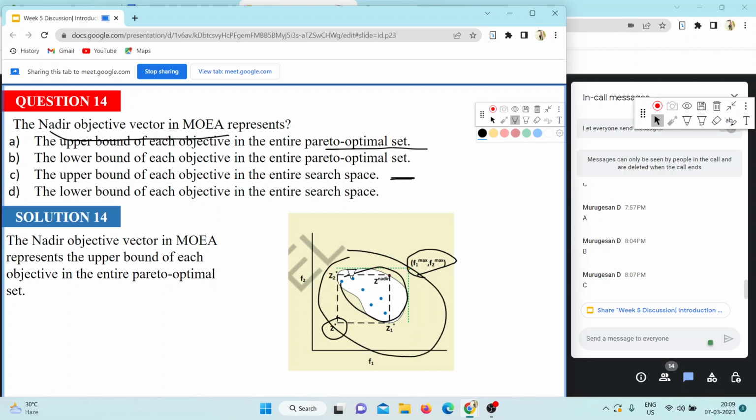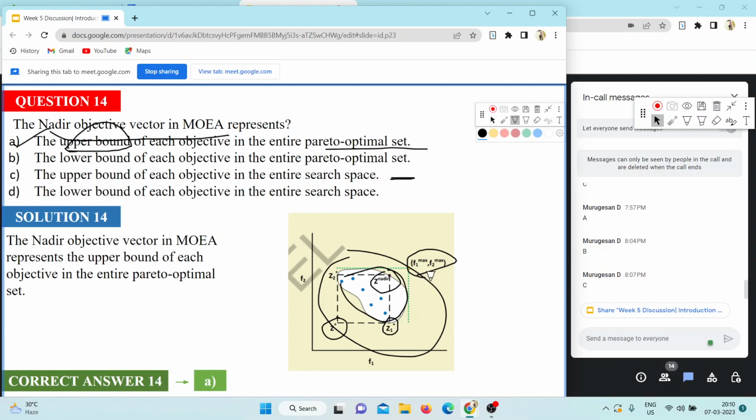It is concerned only about this white portion. Also, the Nadir objective vector talks about the upper bound of the objective vector. So how will we find the upper bound? Here you can see you can find the upper bound by a line parallel, the same line as the ideal vector line, but intersecting the Pareto optimal front. So this is Z1 star max, and this is your Z2 star max, and this is your Nadir point. So the answer is A.